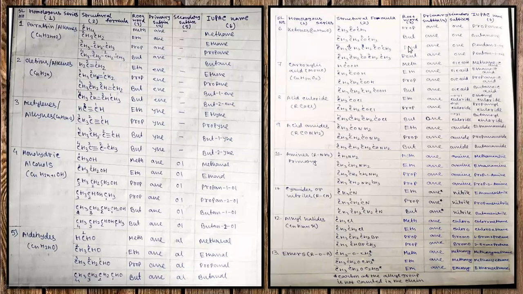I think if any students can remember this chart according to the rules, they can easily write down any IUPAC name of an organic compound. So let's start from the first compound, that is alkane.